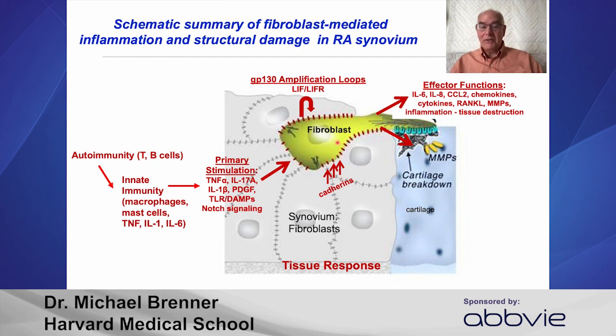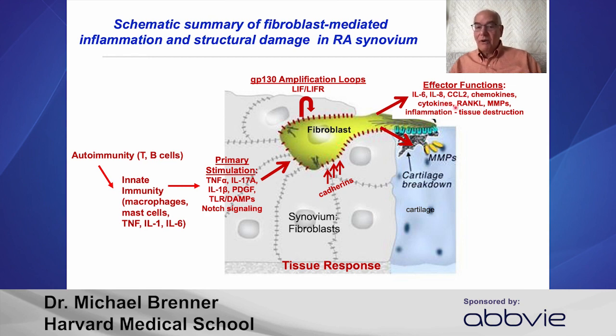Cadherins also modulate the behavior of fibroblasts, and the fibroblasts then have two major behaviors which are involved in the pathology of RA. The one here on the bottom is depicting the fibroblast migrating and invading and degrading the cartilage through MMPs. I've shown you some examples of that. And also its effect on inflammation by producing IL-6, IL-8, a whole variety of chemokines and cytokines.